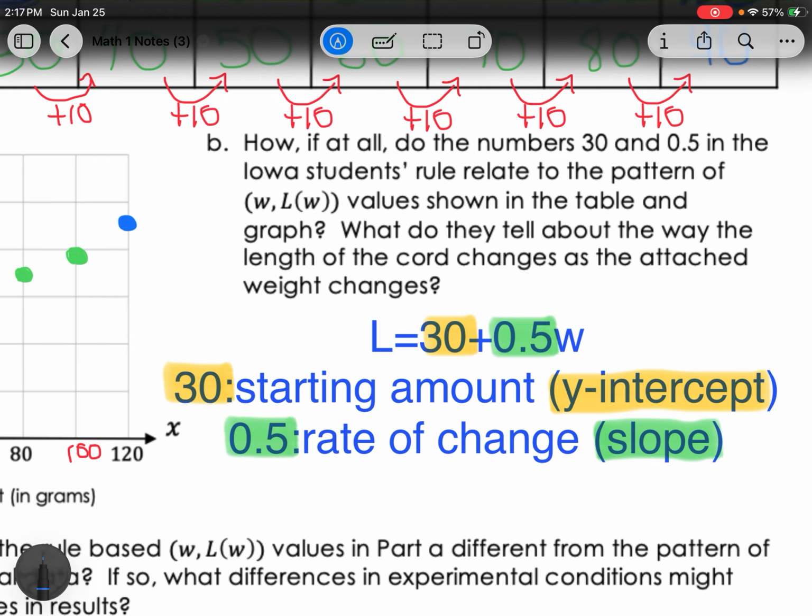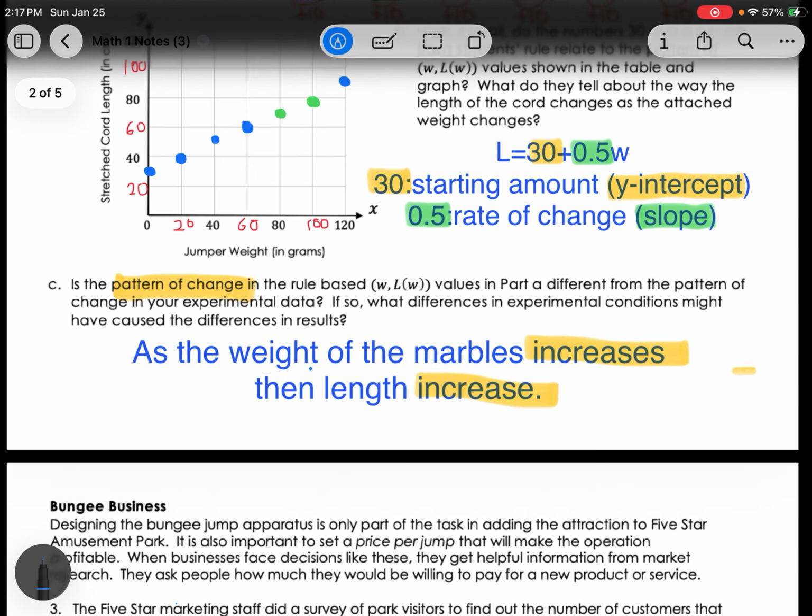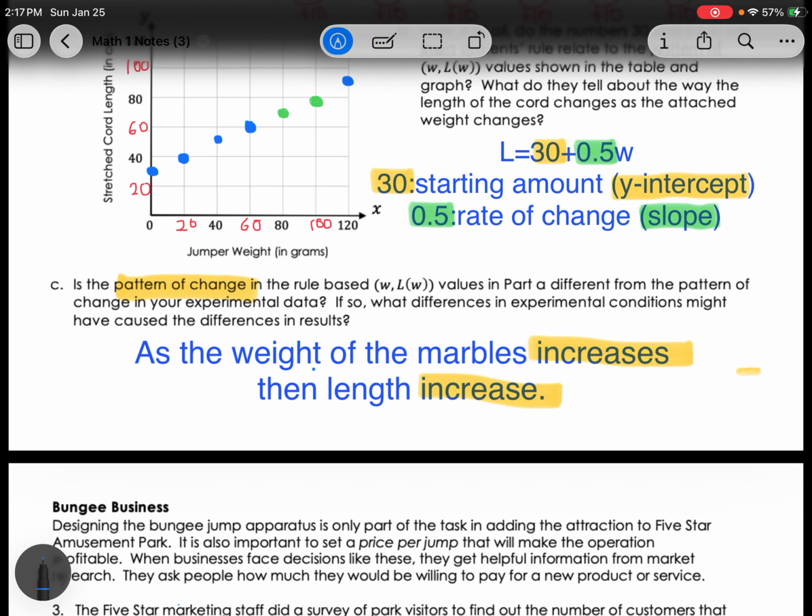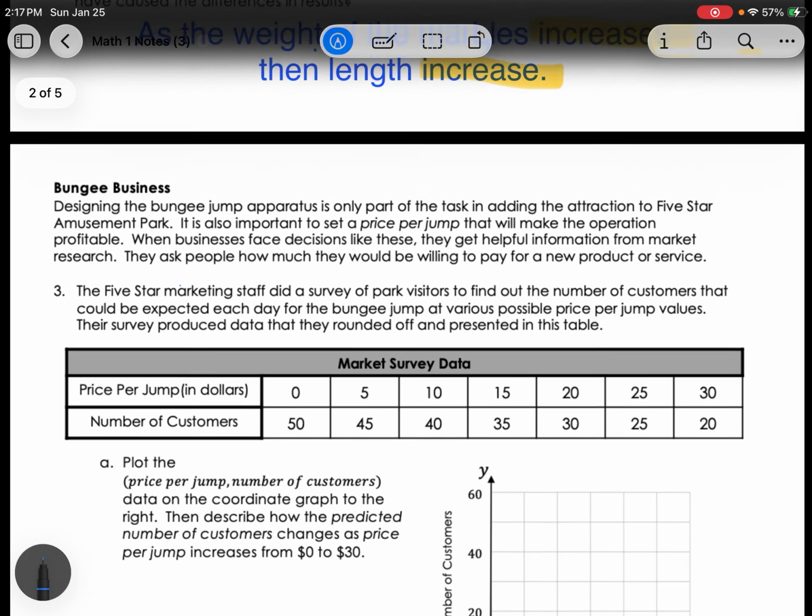I want to make sure we're able to describe the change in pattern. As the weight of the marbles increases, the length of the bungee cord increases. Please don't forget that.